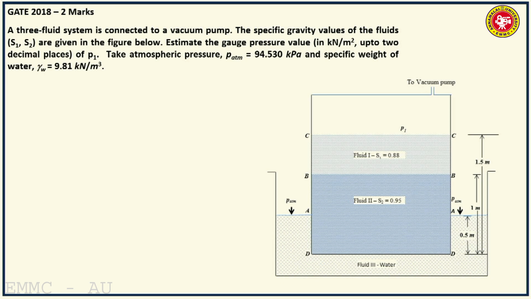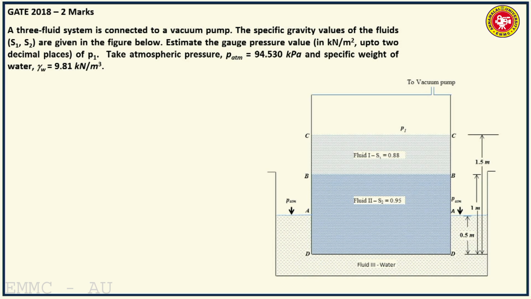Asked in GATE 2018 with 2 points. So we have a 3 fluid system connected to a vacuum pump. The specific gravity values of the fluids S1 and S2, that is fluid 1 and fluid 2, are given in the figure. So specific gravity of fluid 1 is 0.88 and specific gravity of fluid 2 below fluid 1 is 0.95.